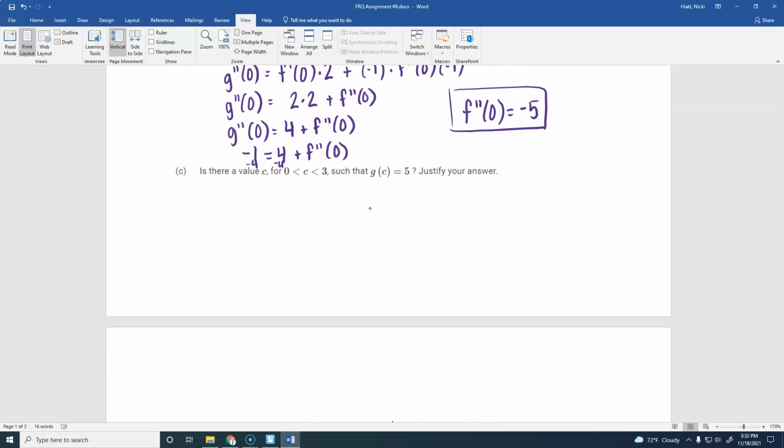So to say this in the best possible way, we would say since F is twice differentiable, F is continuous.